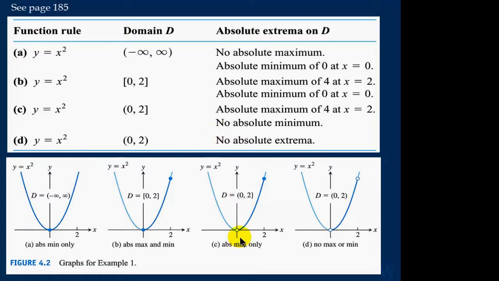So if it is an open interval on the left side, then there is no absolute minimum. But on the right side, when x is equal to 2, the absolute maximum value is 4.